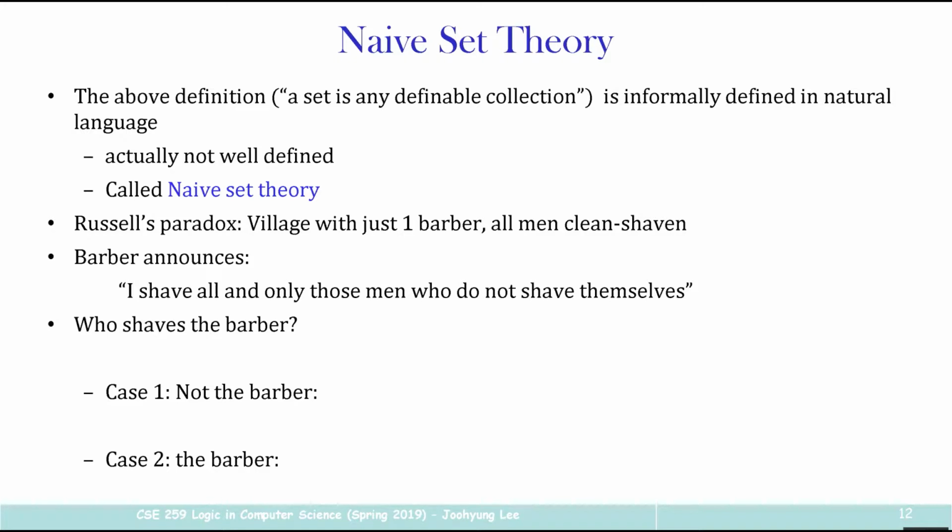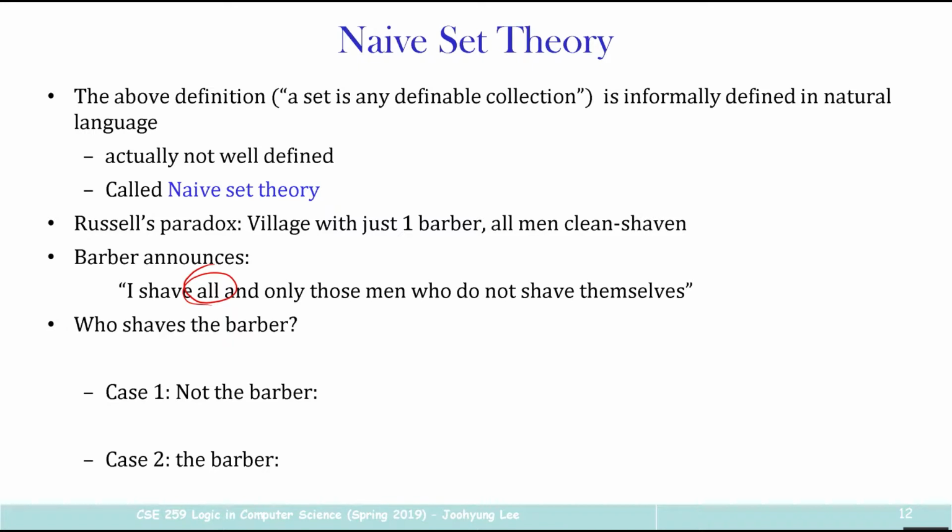Case one, suppose another person shaved the barber. What becomes a problem? If another one shaves the barber, the barber is the one who does not shave himself, right? And according to what the barber claimed, he has to shave himself because he didn't shave himself. Let's go slowly. Let's look at the all part. The barber said, I shave all men who do not shave themselves.